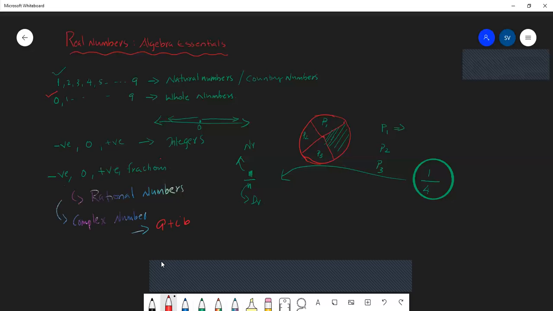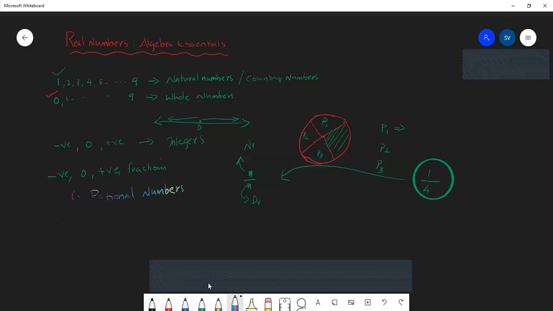Before we go to the complex number system, I'm actually trying to discuss until rational numbers. Okay, so until rational numbers.